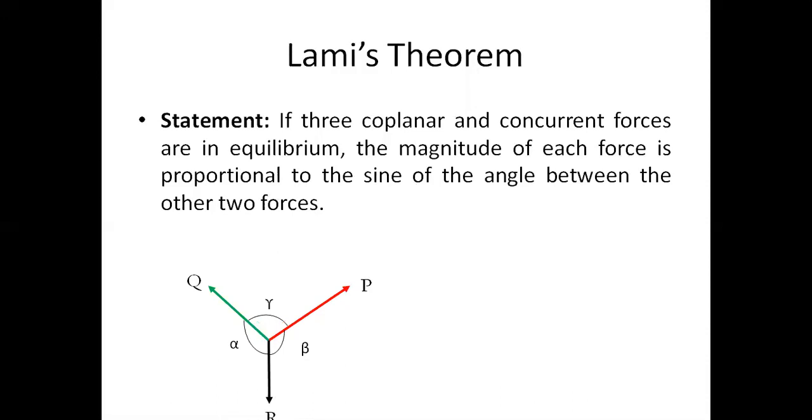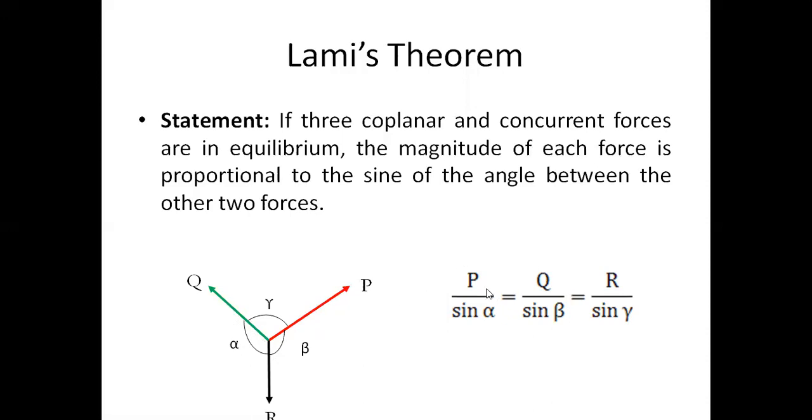So if these are the angles, then as per the statement, what it gives is P by sine alpha. That means the magnitude of the force divided by the sine of the angle between the other two forces. What are the other two forces? Q and R. What is the angle between them?